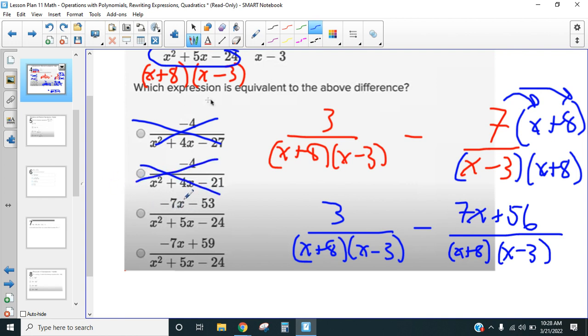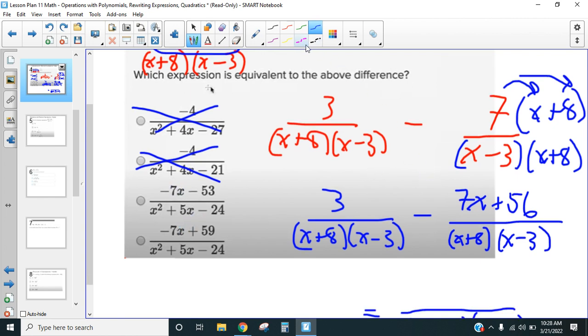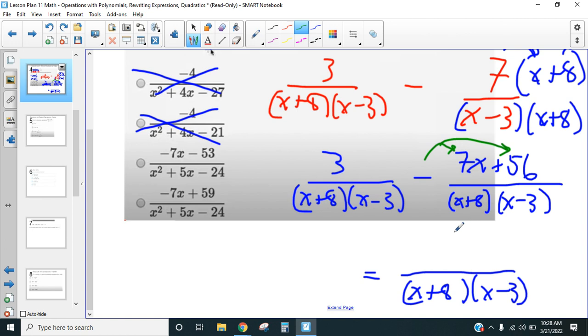So then the question is, is it C or D? Well, remember when you subtract a quantity, you don't just subtract the first thing, right? You subtract that and you subtract that. So this actually turns into 3 minus 7x minus 56.